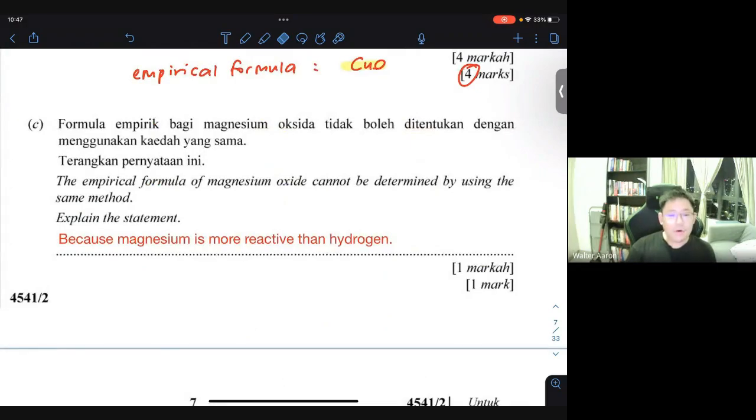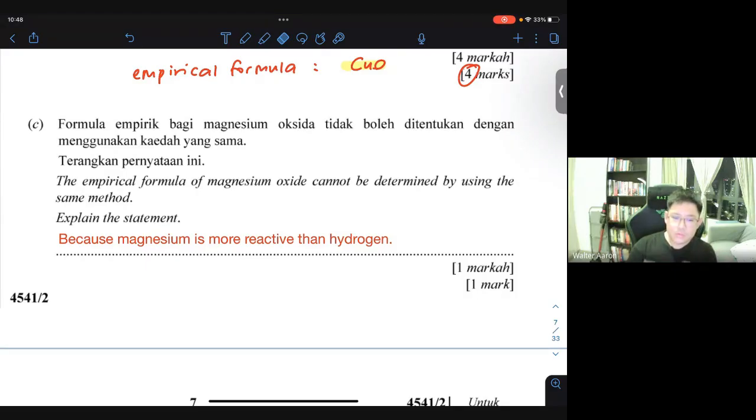Next, the empirical formula for magnesium oxide cannot be determined by using the same method. All right. So say, for example, right now we want to get the mass of magnesium oxide, and I want to calculate the amount of oxygen that's formed and things like that. But you realize that you cannot use magnesium oxide to calculate empirical formula as what we've seen in the earlier part, which is the copper oxide one.